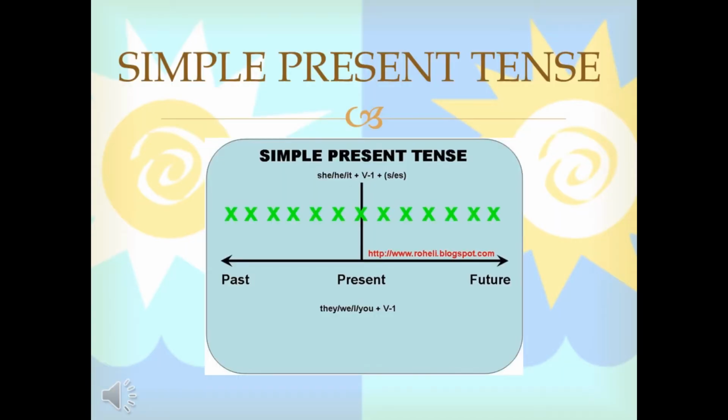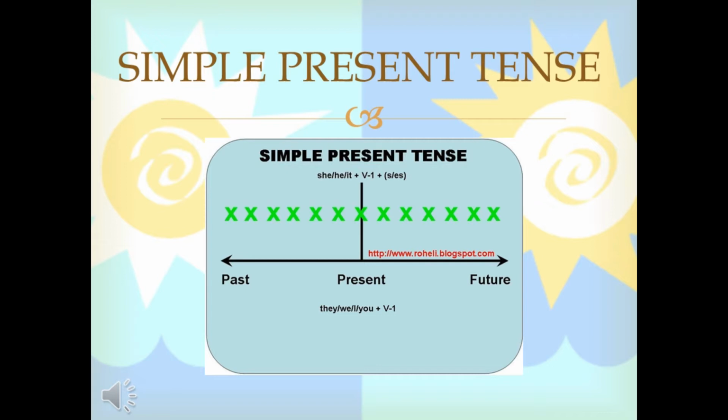For the first topic, we are going to study simple present tense. As we know, there are 3 types of tenses that we can use based on time. For simple present tense, we can make a sentence about activities happening now, or a fact, or a habit.